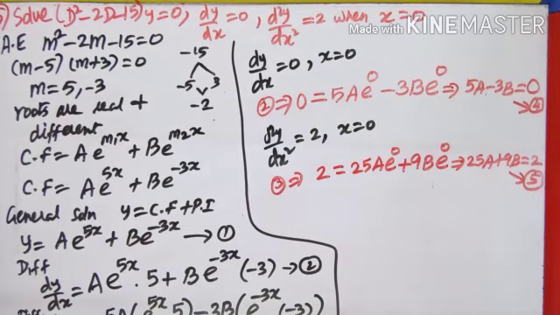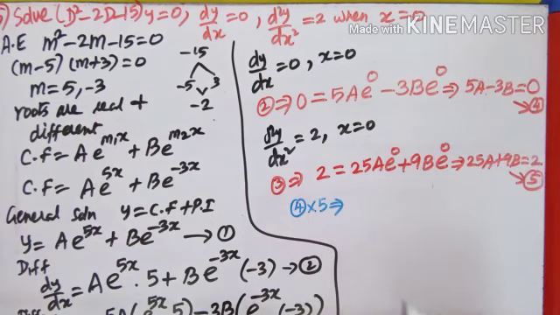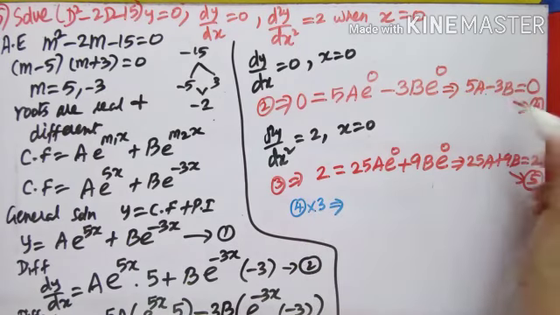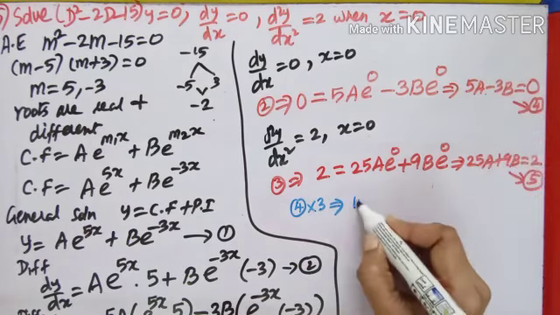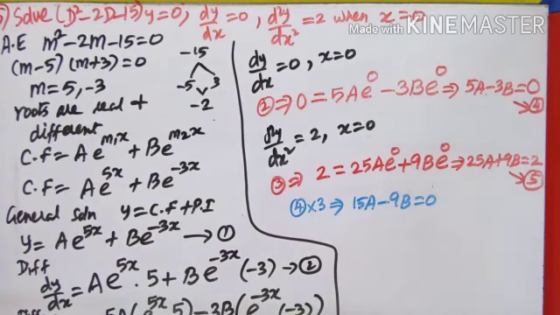Now I must solve the fourth and fifth equations. Fourth equation, let me multiply by 3: 15A - 9B = 0.